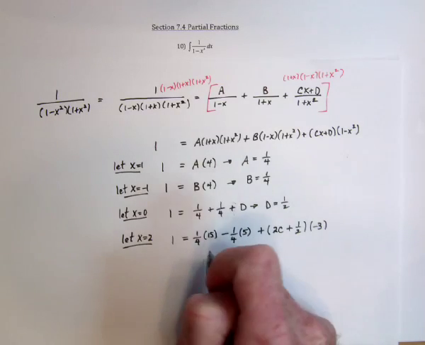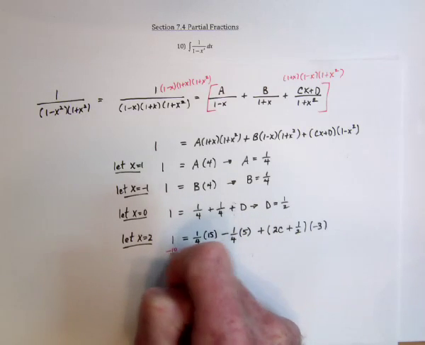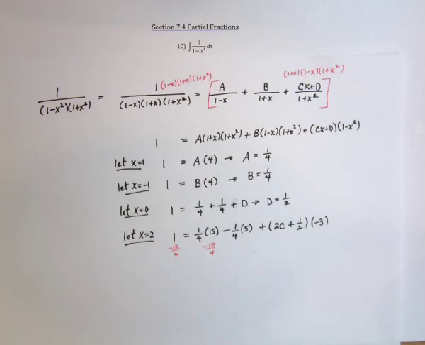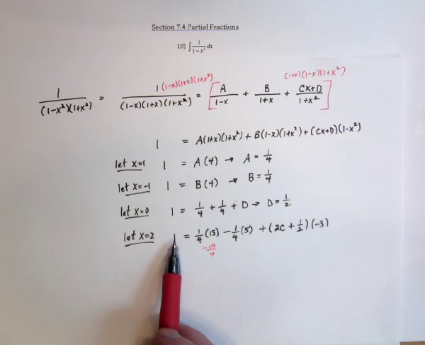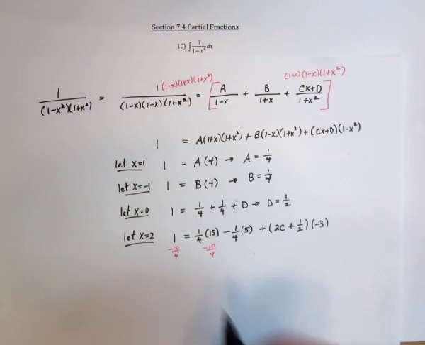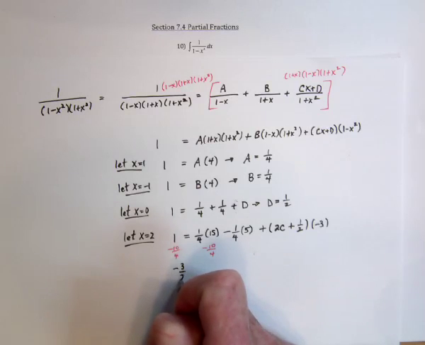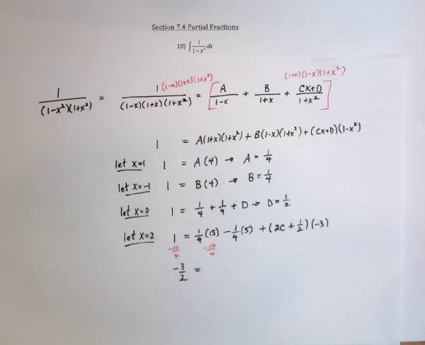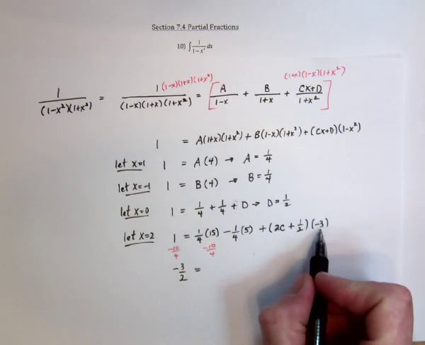So if you subtract 10 quarters from both sides, 4 quarters positive and 10 quarters negative is -6 quarters. That can actually be reduced to -3/2. And then I would go ahead and multiply.